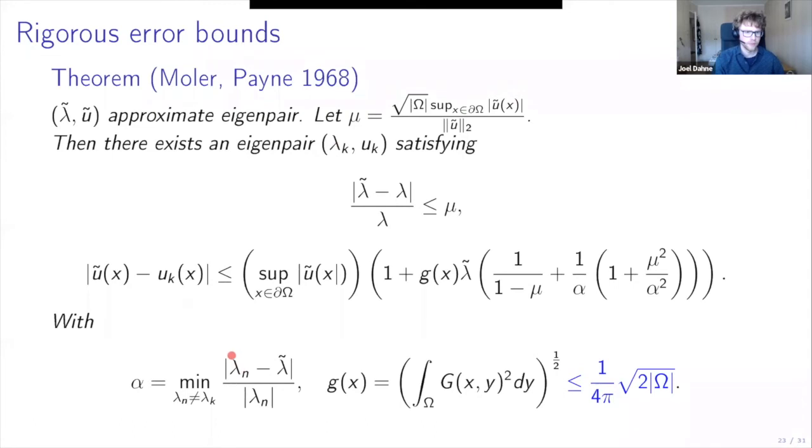So if there are two eigenvalues very close to each other, then alpha will be very, very small, which means that since we divide by it, this bound will be very, very large. In particular, when we have a double eigenvalue, this becomes even more complicated, which I will also get back to.